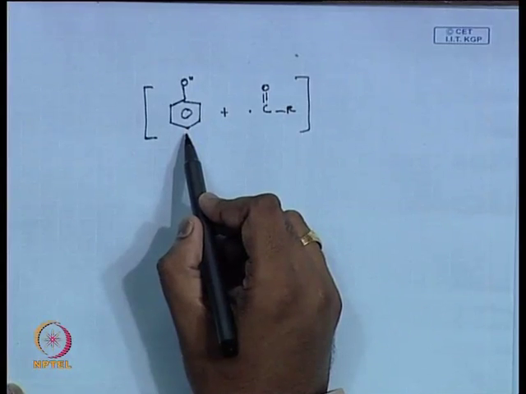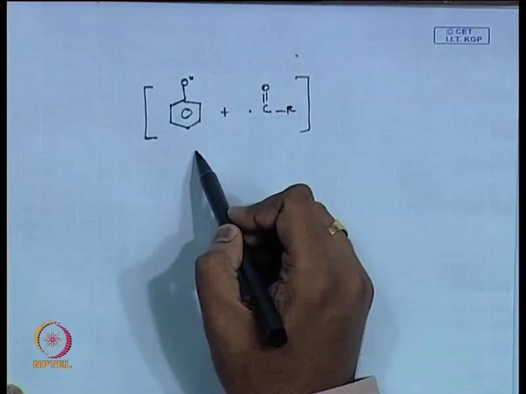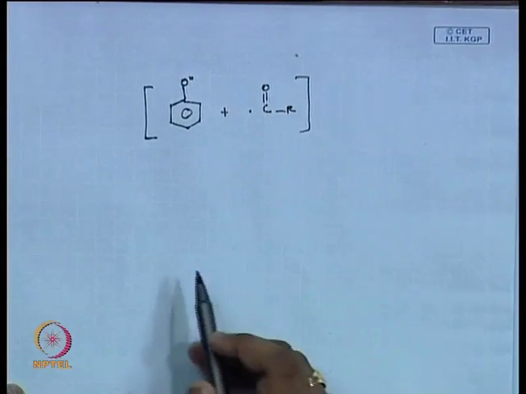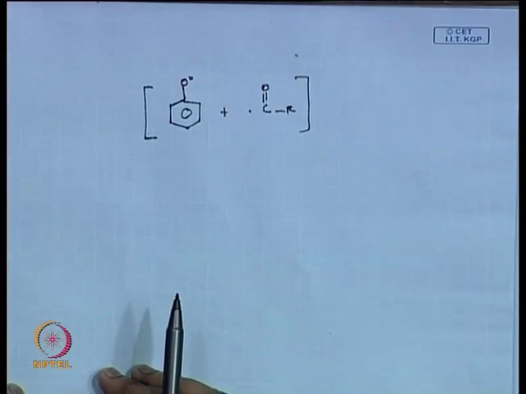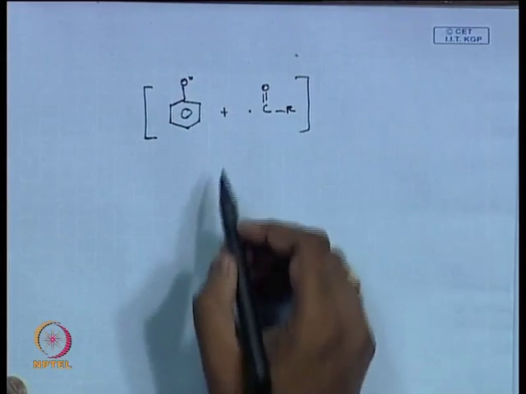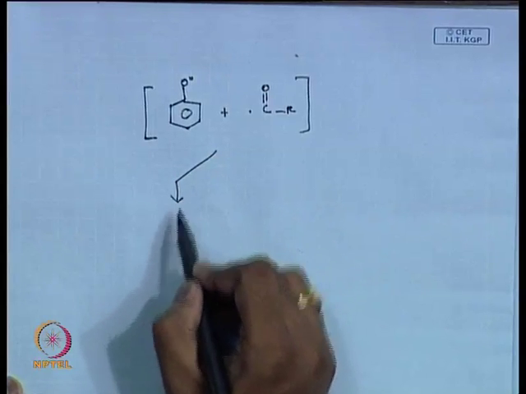It does not need to recombine there. It can recombine here. It can also recombine at your para position. But if it escapes, then what happens? You get your phenoxy radical, which can abstract hydrogen from the solvent to give you phenol. That is how you get it.